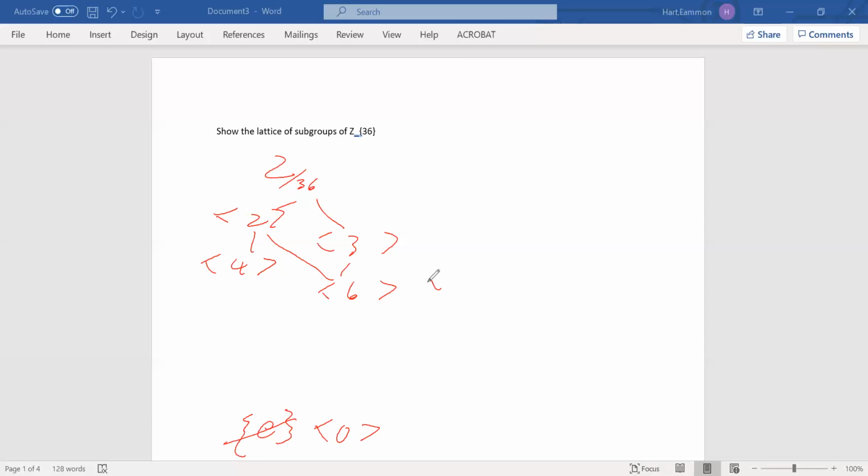Cool. The group generated by 9. Someone put in the group generated by 18. And am I forgetting something? Am I leaving anything out? Yes, cool, 12. Thank you, Ben.